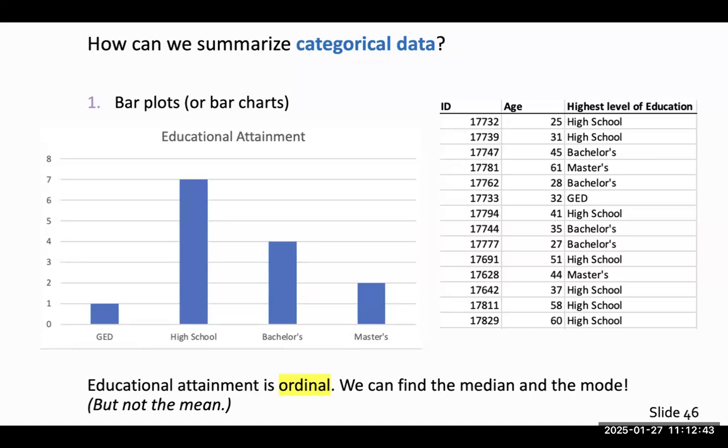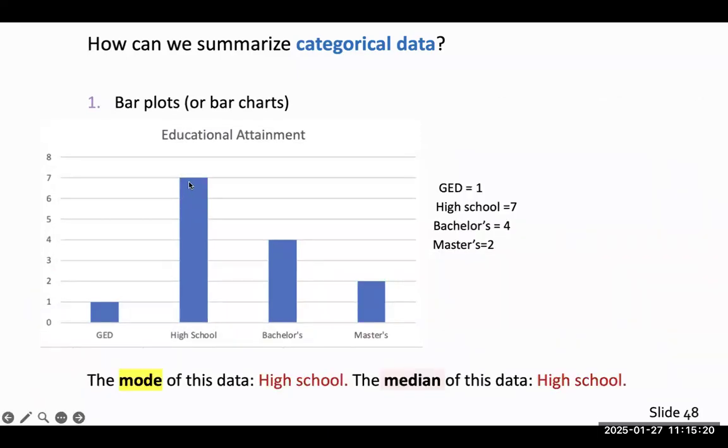For ordinal data, sometimes you can find the median. So remember what the median is. Median is where we sort the data from lowest to highest. If GED is lowest and master's is highest, you can sort that data. We have 1 GED, 7 high school, 4 bachelor's, and 2 master's for the highest level of education. So I'm going to write this information on a piece of paper.